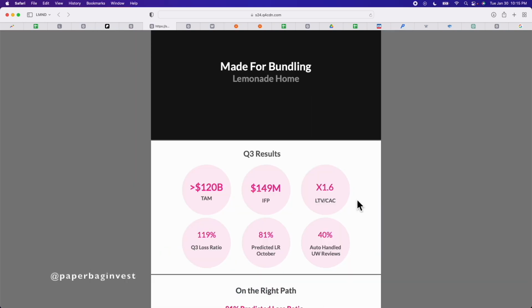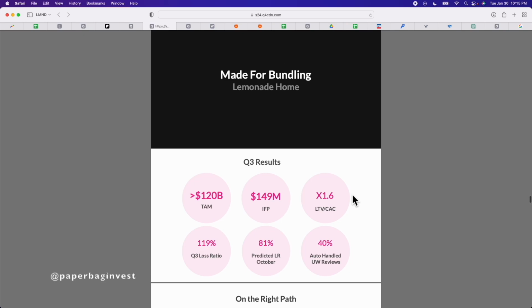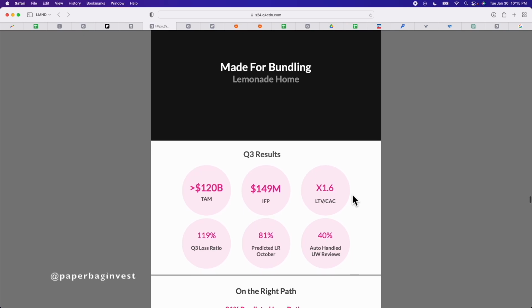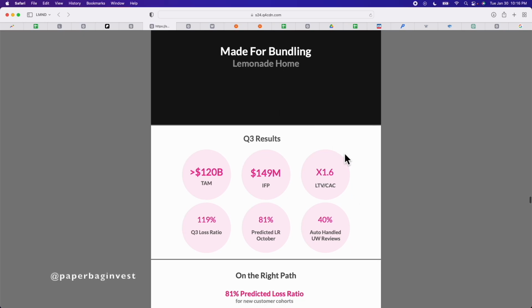And Lemonade's strategy of going for these unloved customers and then upselling them the products is just so genius, because if they were to compete in the more established products, this is from Investor Day back in November of 2022, they gave an LTV to CAC ratio for home they were estimating at 1.6. So not that great, only 1.6 at that time.